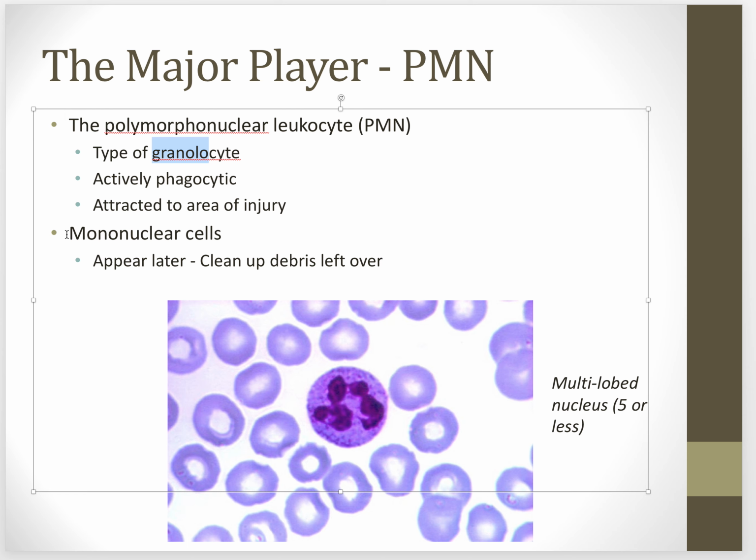Later on, mononuclear cells, so one nucleus, normal white blood cells, show up and help clean up the debris that's left over. So the first cells that come to the scene are these PMN, specialized white blood cells. They typically have 5 or fewer nuclei. If they have more than 5 nuclei, they're abnormal, and we'll talk about that in the blood chapter.